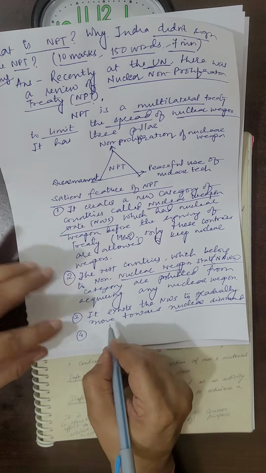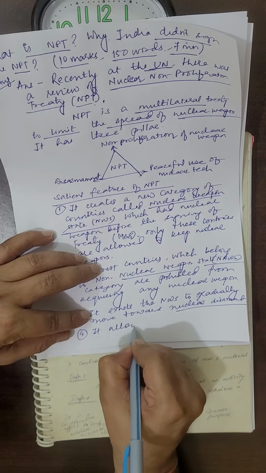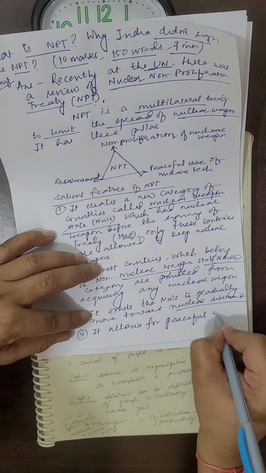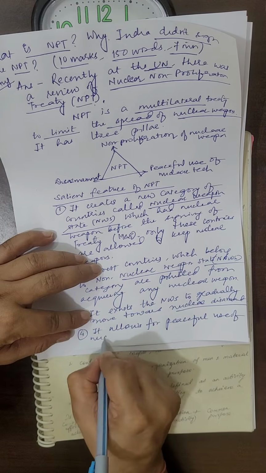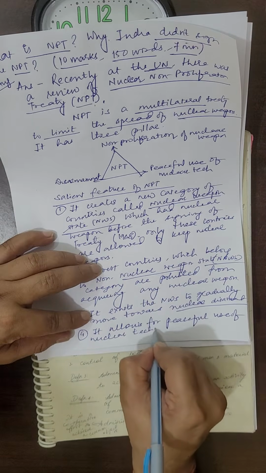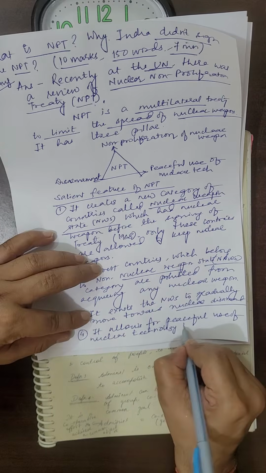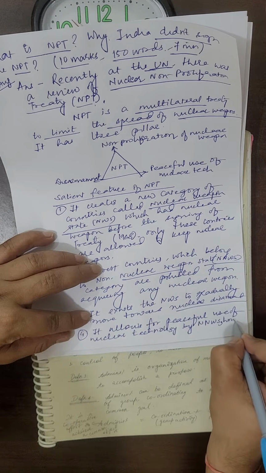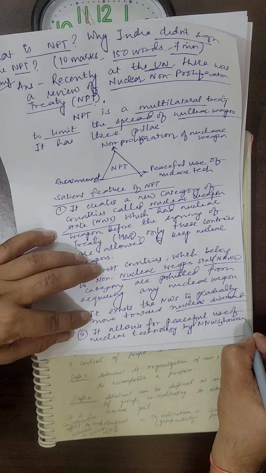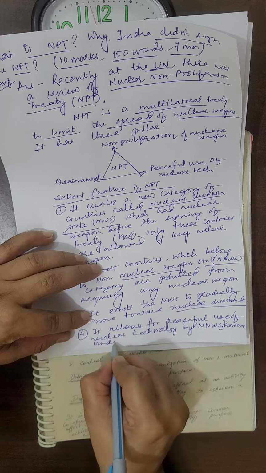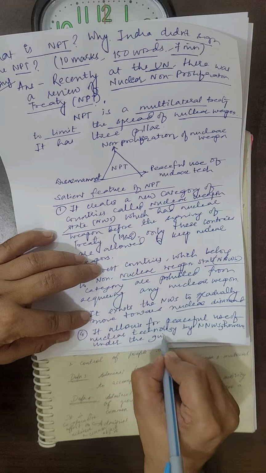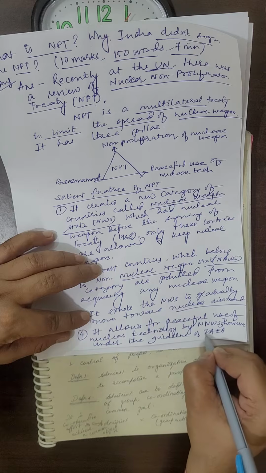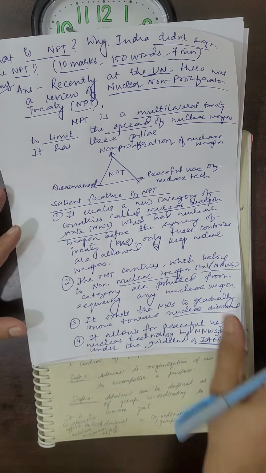Fourth point you can write is that it allows for peaceful use of nuclear technology by NNWS. However, under the guideline of IAEA. So you have mentioned another organization also.